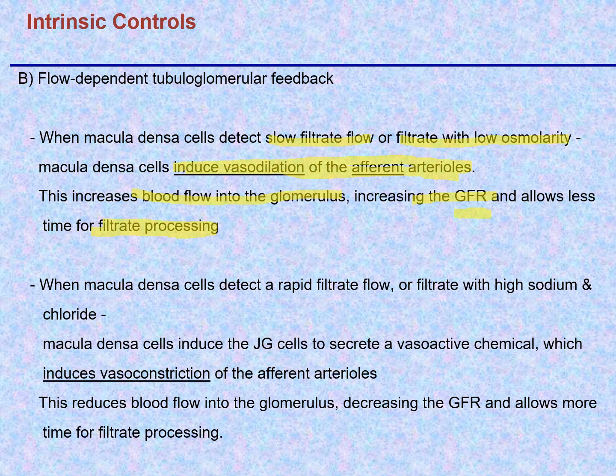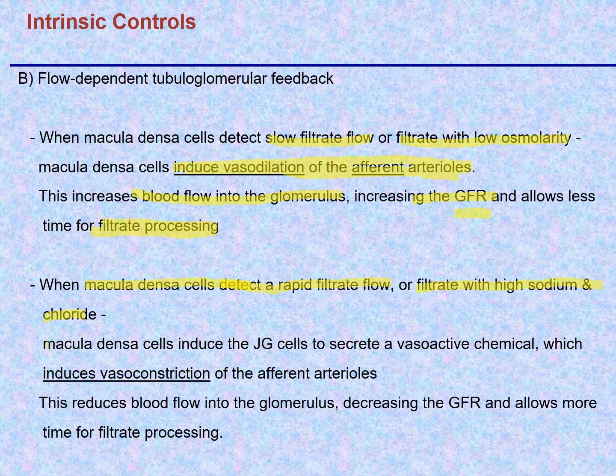If the opposite situation occurs and the macula densa cells that are monitoring that flow rate in the distal convoluted tubule detect a rapid filtrate flow or filtrate with a high sodium chloride, the filtrate is forming at too high a rate and not enough sodium or chloride are being reabsorbed, then it'll be high filtrate flow and high electrolytes.